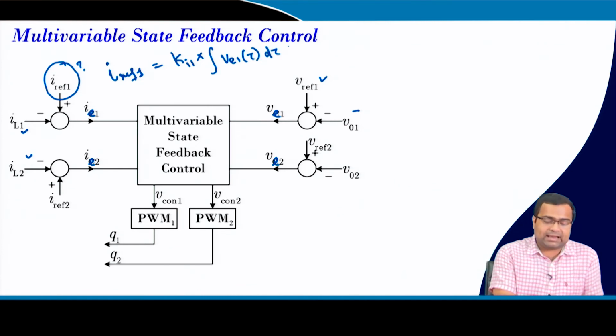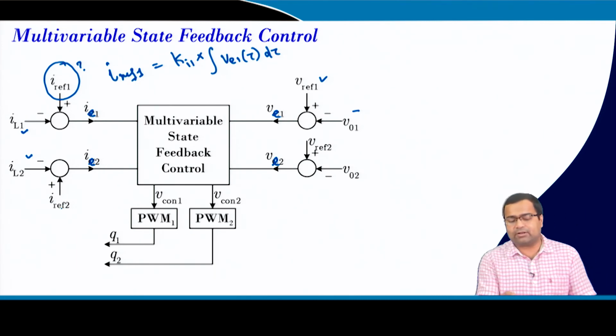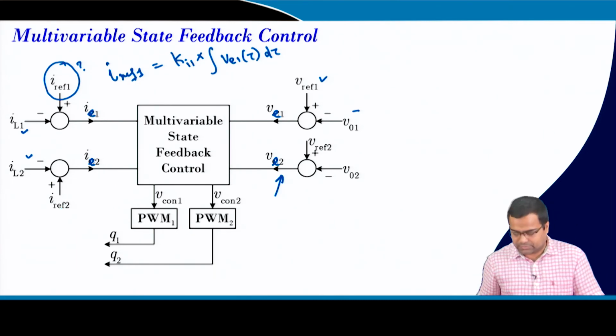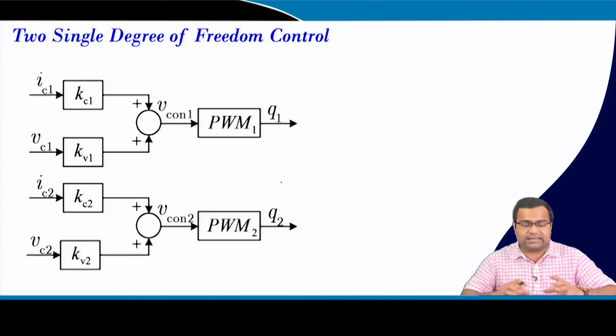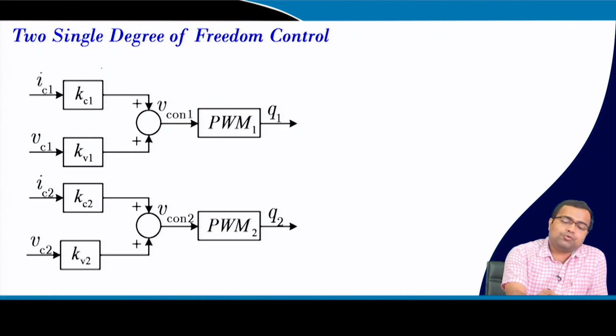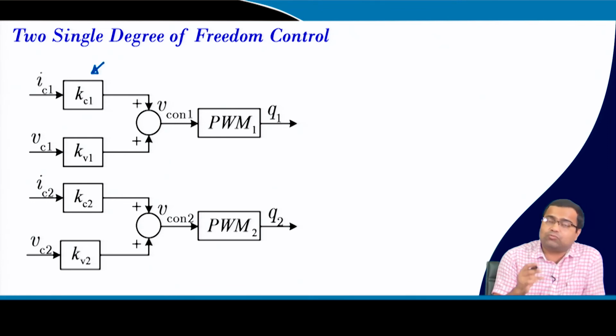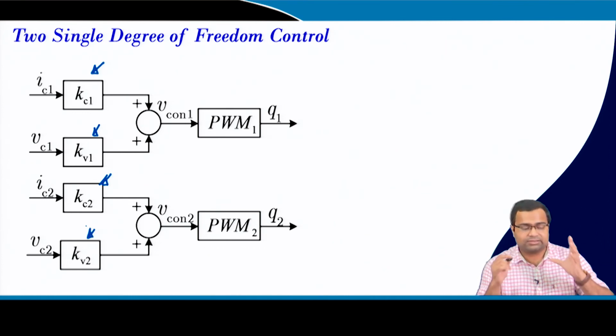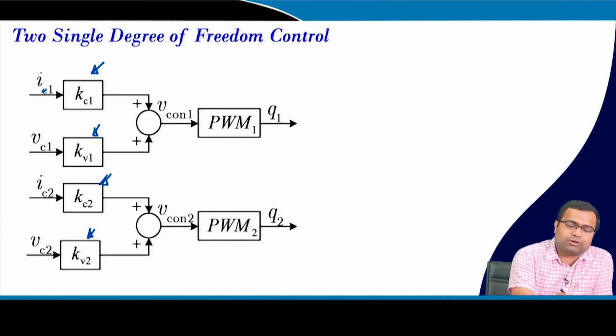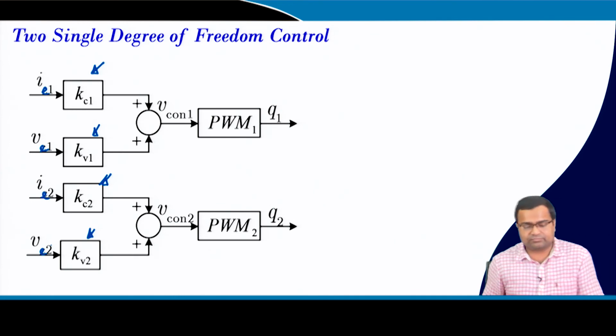Similarly, I can generate IREF2 by the integral of this error voltage 2, and we can represent this in state feedback form. Once you represent it in state feedback form, we have a Kc1 which is the current loop gain of the first stage converter, then a voltage loop gain, and the current loop gain and voltage loop gain of the second stage converter. These are all error current, error voltage, error current, error voltage.